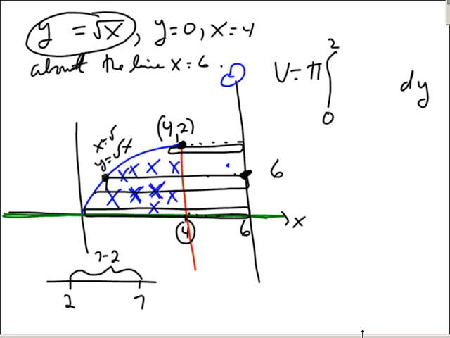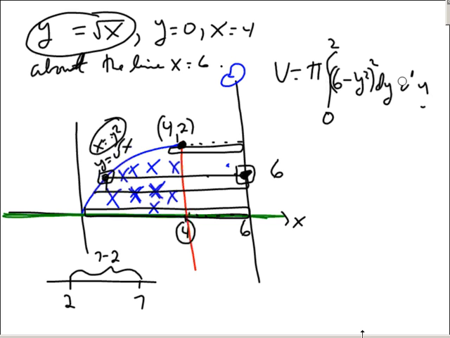Squaring both sides, x is y squared. It's one x value minus the other x value. The x value right here is 6, and the x value right here is y squared. So it's 6 minus y squared dy.